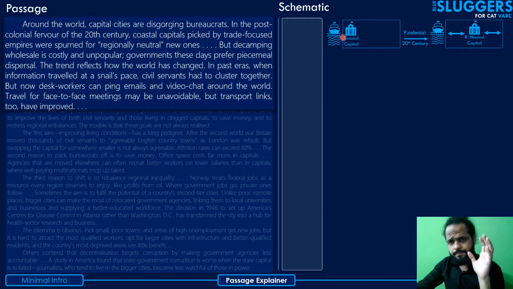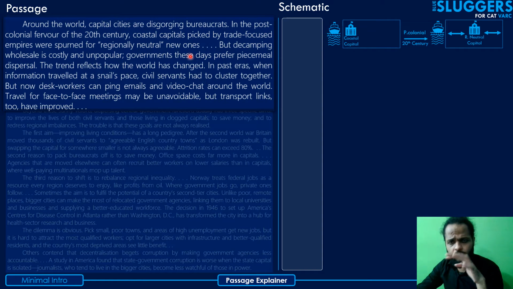So the colonialists who had been ruling over these nations had set up the capitals of their empire on the coasts. Why had they done so? Because they were mainly focused on trade. So because they were mainly focused on trade, they had set up their capitals on the coast.